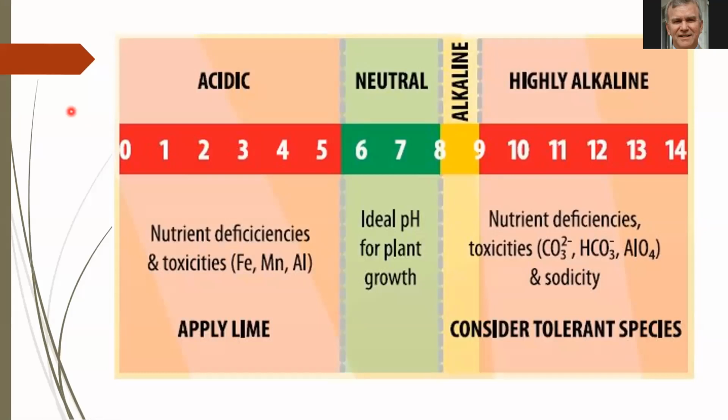Okay, so we have presented this information a few times now about the availability of nutrients with regard to acidic versus alkaline conditions. You'll see that that range of 5.5 up to 8 will accommodate most plants.